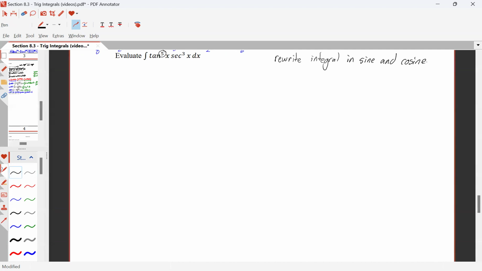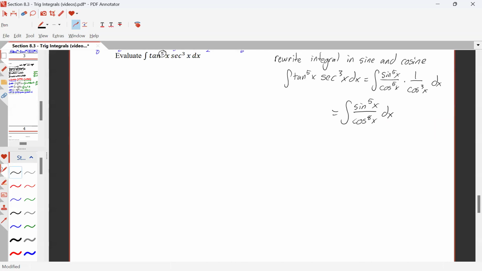This integral of tangent to the fifth x secant cubed x dx would be the same as the integral of sine to the fifth x over cosine to the fifth x times 1 over cosine cubed x dx. And now we have an integral that has an odd sine where we can use those same sine and cosine strategies. So we can rewrite the integral in sine and cosine when tangent is odd.